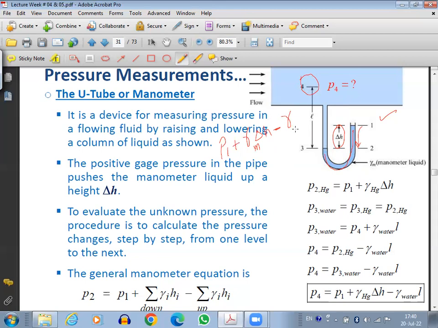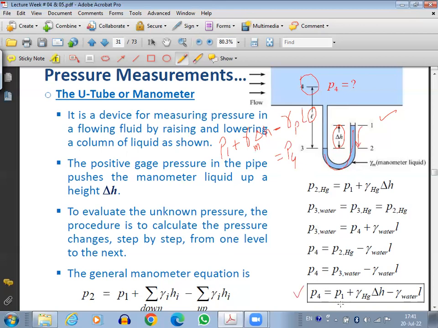So gamma P, the gamma of the pipe fluid, multiplied by L. This thing is equal to P4, right? Look at the equation here.